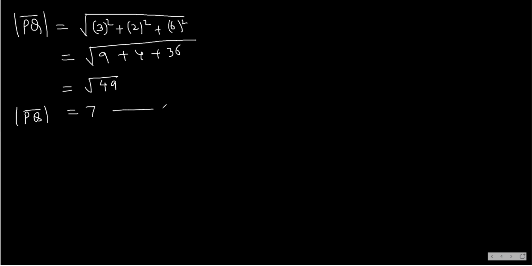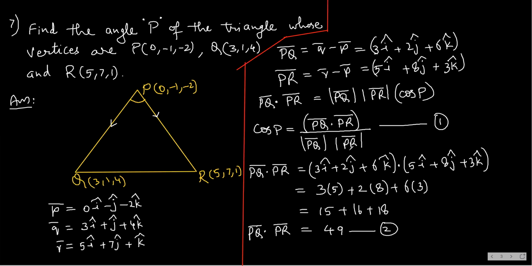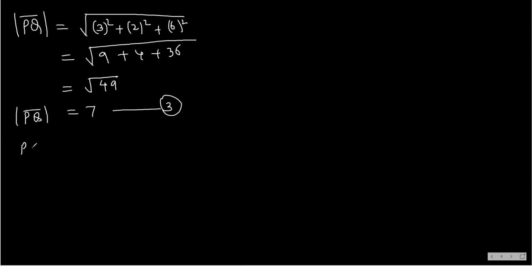This is number 3. Now I will find mod of PR bar. PR bar is 5, 8 and 3. So I get mod of PR bar equals square root of 5 square plus 8 square plus 3 square.